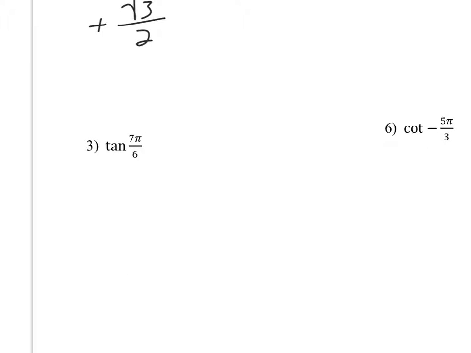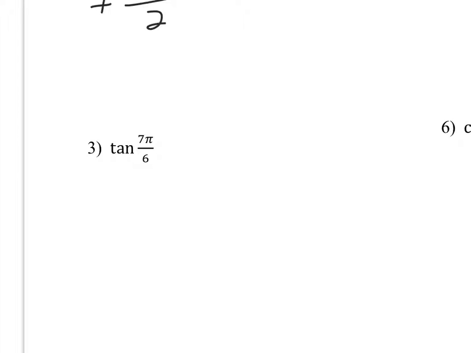All right, the tangent of 7 pi over 6. We have to convert 7 pi over 6. The tangent of 7 pi over 6 is the same as the tangent of 210. This is in quadrant 3, so tangent is positive.